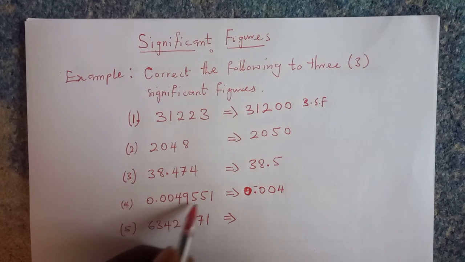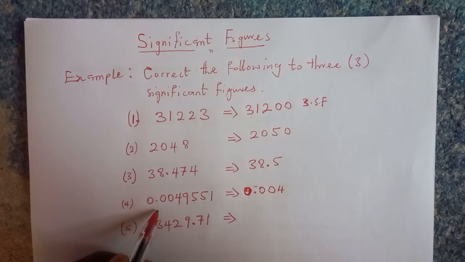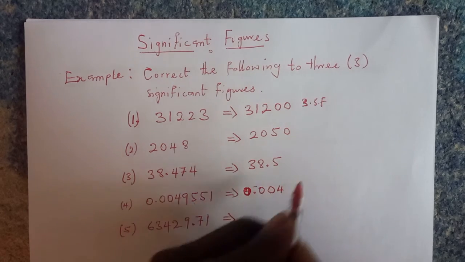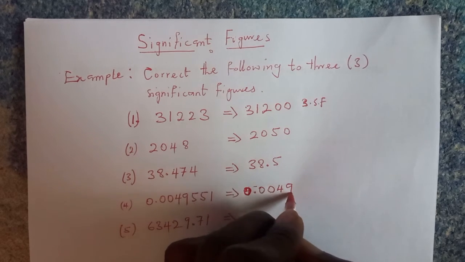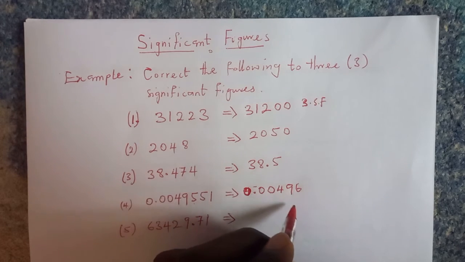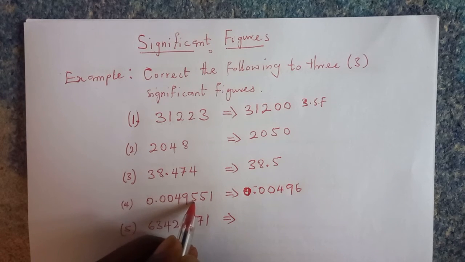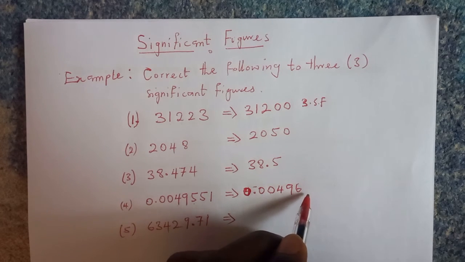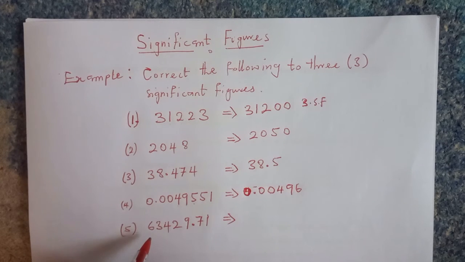So in order to express this value in 3 significant figures, this will become 0.00496. This is because the value after this 5 is more than 4, which is 5. So you pick one from it and add it to the previous. This will become 0.00496.